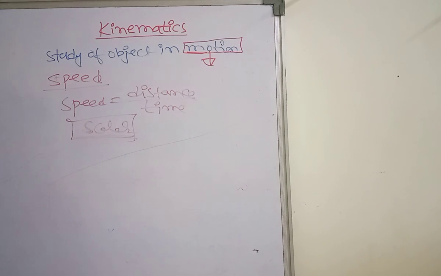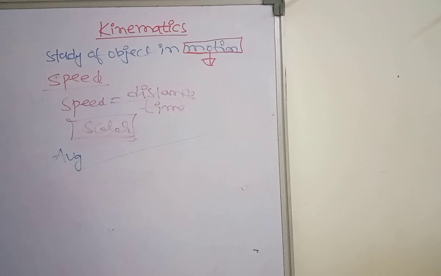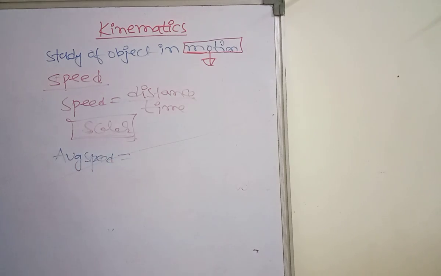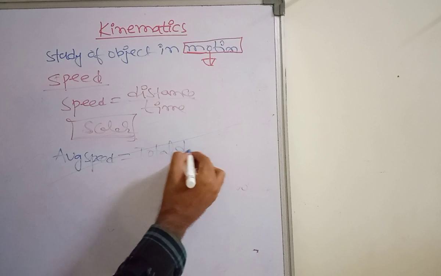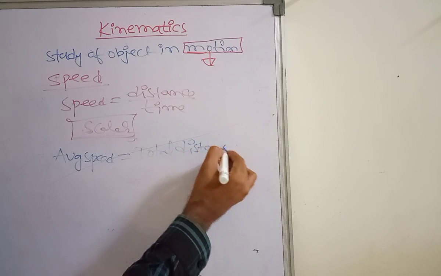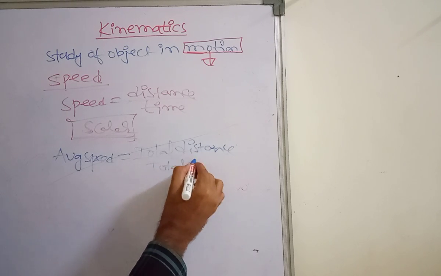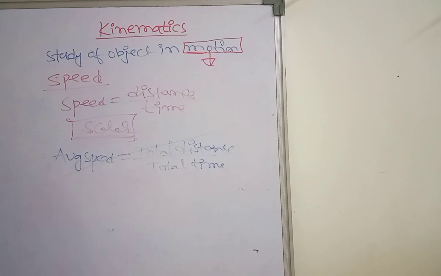How can we write the formula of the average speed? Average speed is equal to total distance by total time. Next, what is the instantaneous speed?